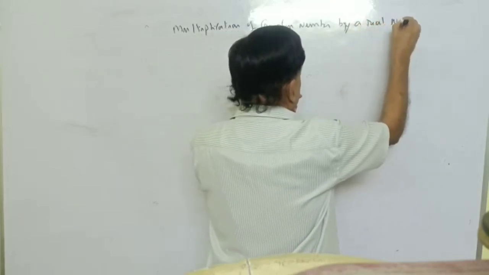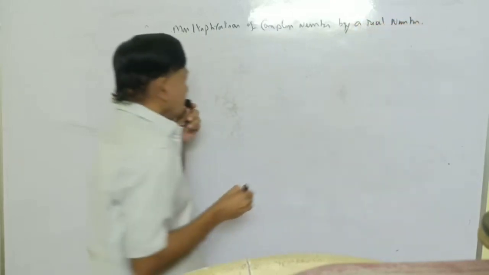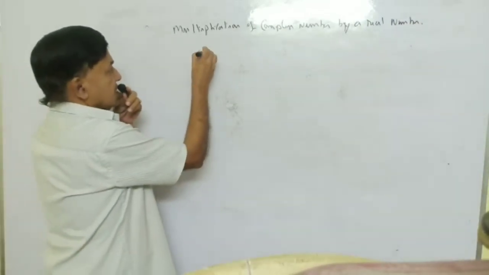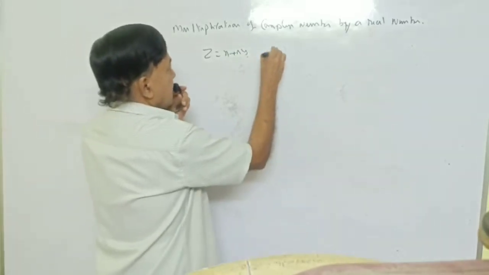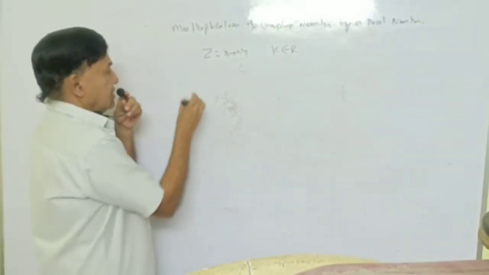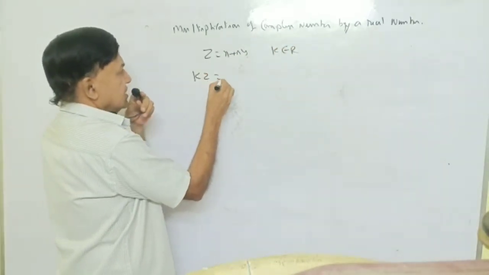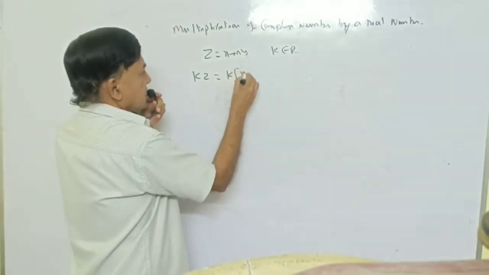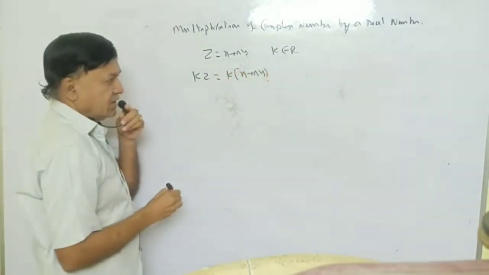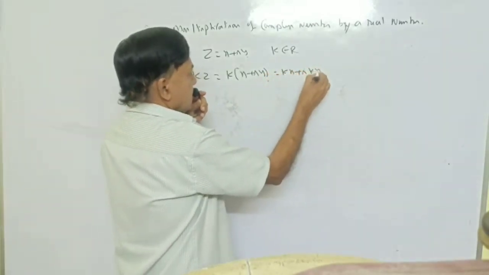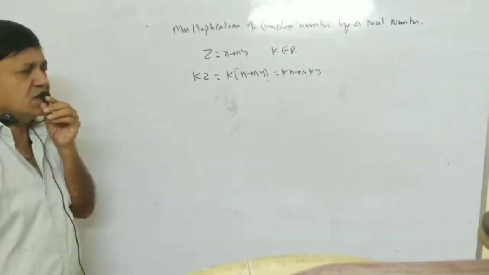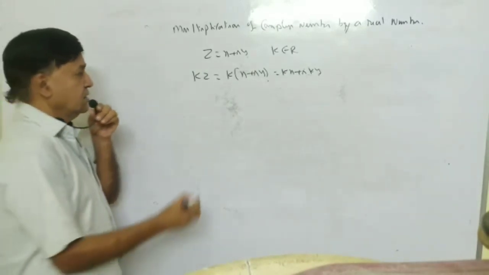Suppose Z is equal to x plus iy, and k is a real number. What is kz? kz means k into (x plus iy), which is equal to kx plus i into ky. That's it. Just multiply the real part and the imaginary part.